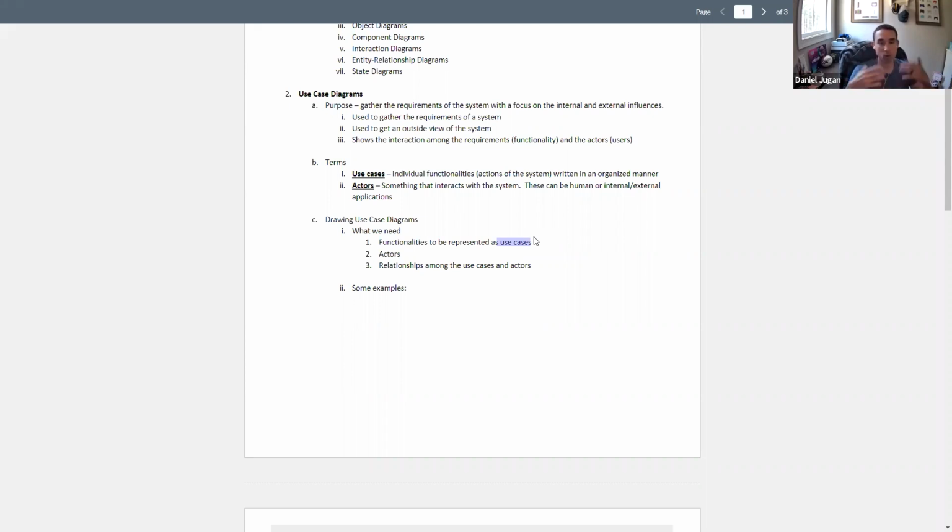And so that is one way in which an actor interacts with a system. What we have there is the functionality would be checking in, and the actors would be members, we'll say. So a member can check in. That would be one use case. So checking in is a use case, and the actor associated with that use case would be a member.